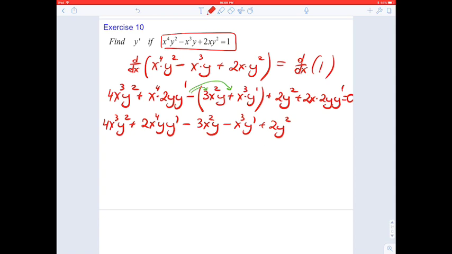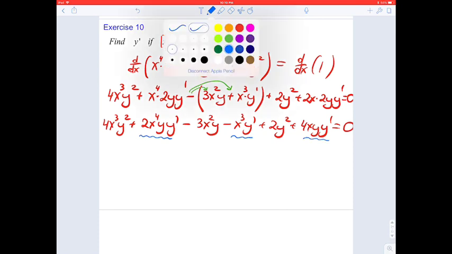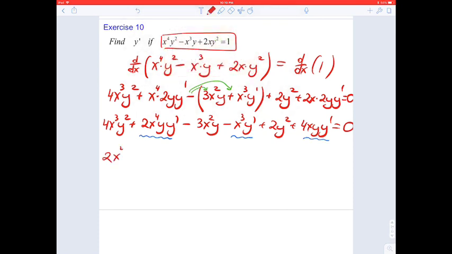And then 2y squared, 4xy, y prime. We're looking for y prime, then I have to keep that term, this one, and this one on one side. 2x to the power of 4 y, y prime, minus x cubed y prime plus 4xy, y prime. And then I will subtract all of the other terms to the right hand side, subtract from both sides of the equation.